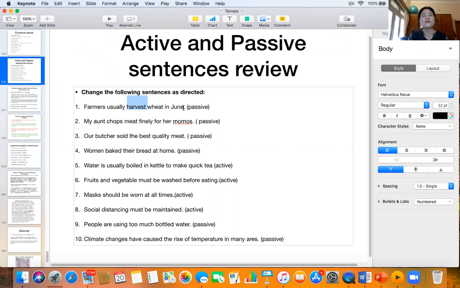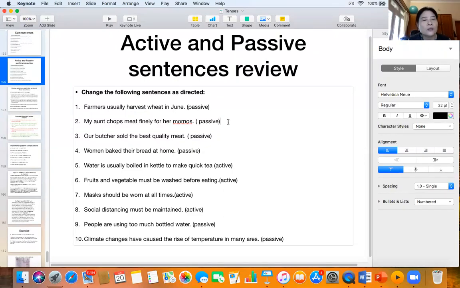No need to say by farmers because those people who are harvesting and growing crops are farmers. So it's obvious, okay? You don't have to say the obvious. So that is where you have to be careful. No need to mention the doer of the action when it's a passive verb. If you really have to mention it, or if confusion is being caused if you don't mention it, then you mention it. Otherwise, if it is understood, no need to mention the doer.